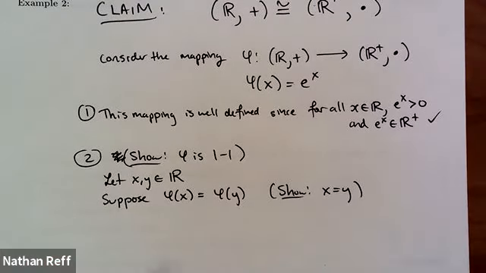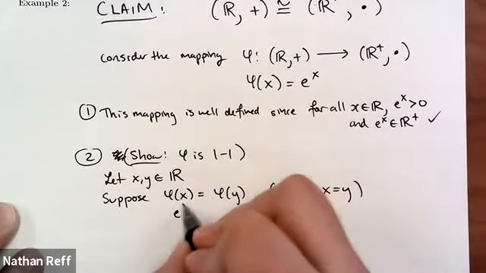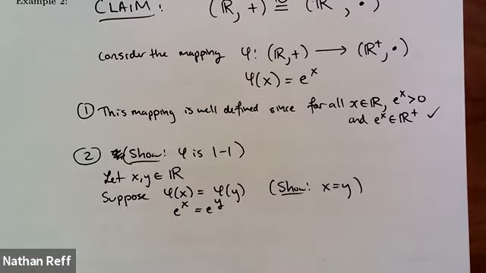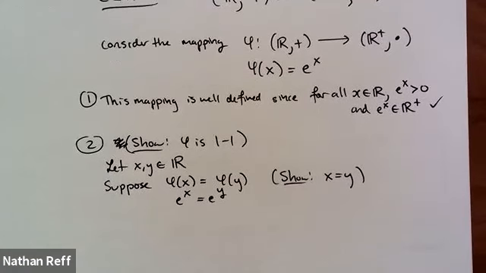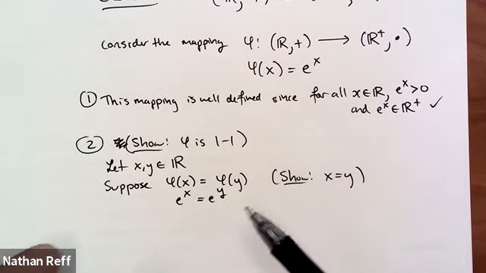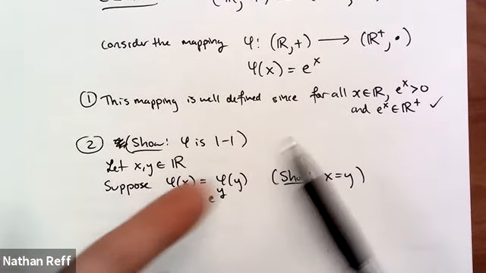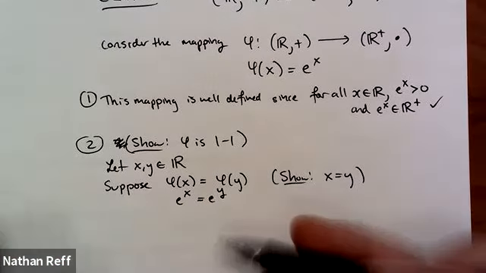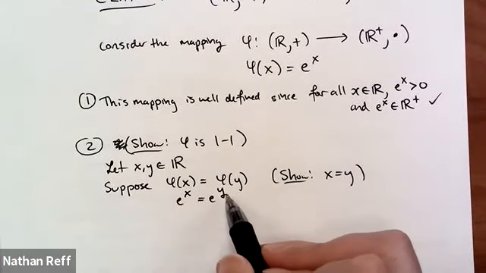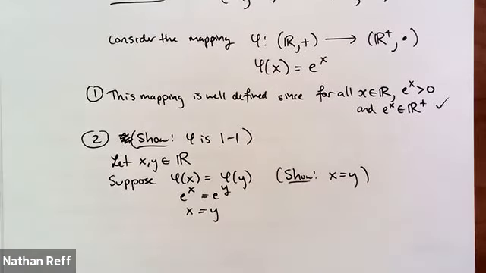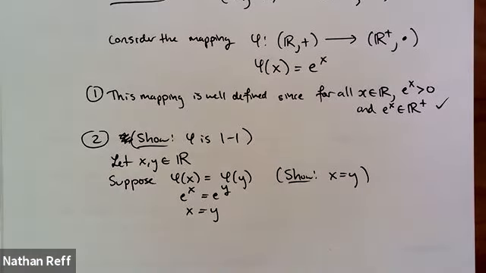Okay. Well, phi of x is equal to phi of y is saying e to the x is equal to e to the y. And as soon as you have exponents like this with the same base, the exponents will have to be equal. Yeah. If you want to involve calculus here, you could take the natural log of both sides, and that would give you x equals y.